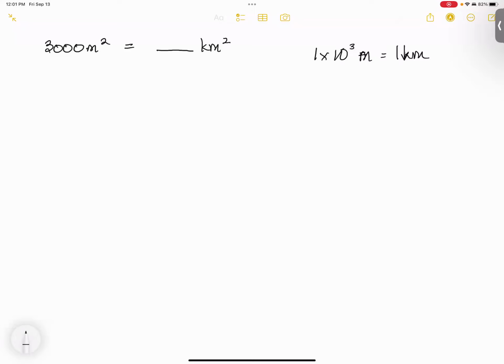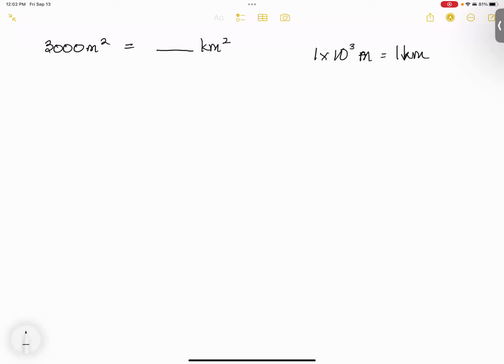So what it means is I cannot use this conversion factor as it is written to perform the calculation. So what can I do in order to be able to use this conversion factor?